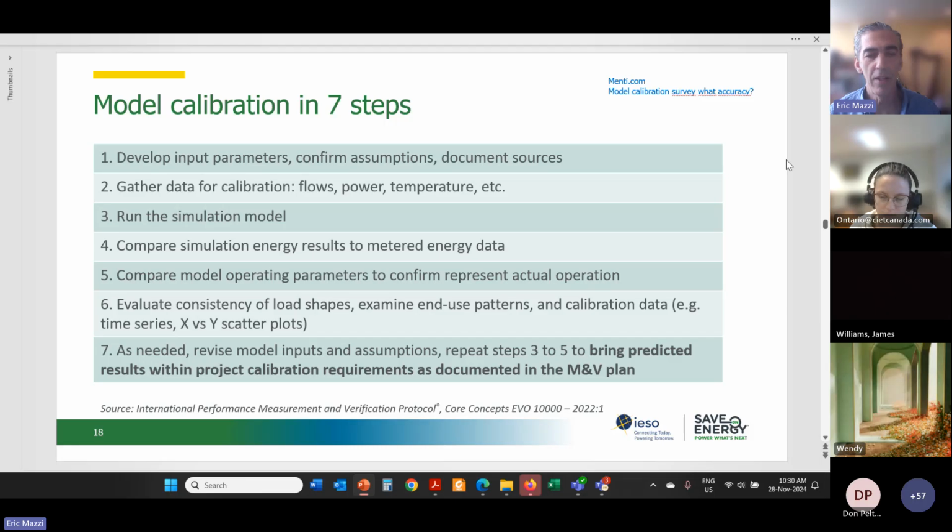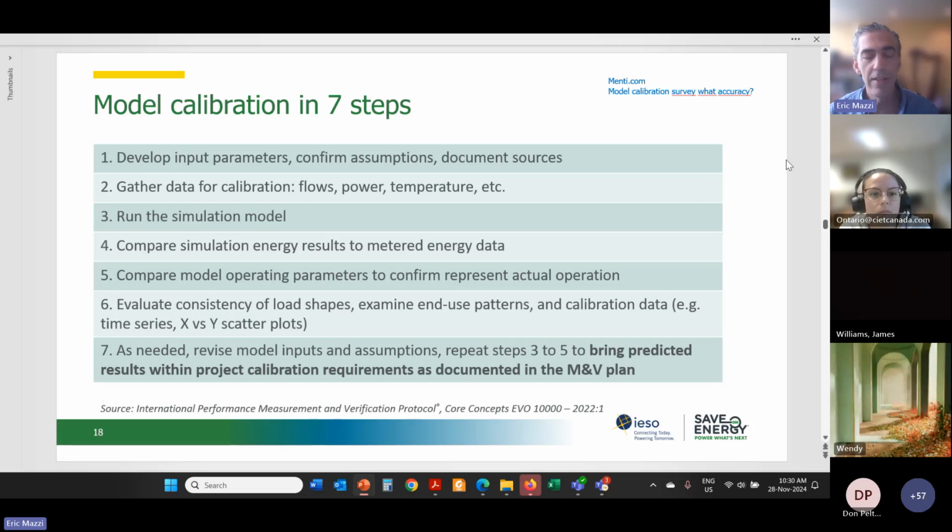Confirm assumptions and documentation. I'll mention a few of these things, which hopefully are kind of obvious, but it helps to have them laid out. You want to gather data, run your models, and compare the simulation model to the metered energy. Reality check those parameters to confirm that they represent actual operation. Don't just believe the numbers.